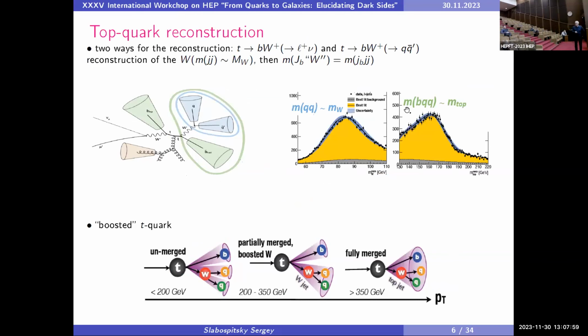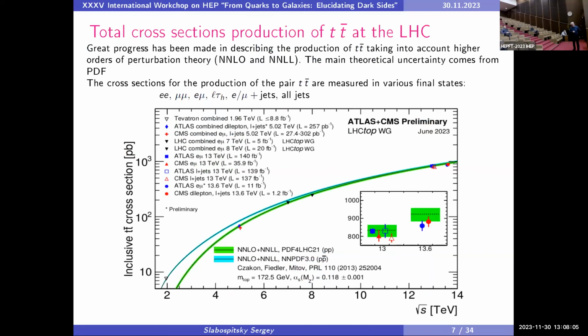So as I told you in the beginning, the theoretical prediction concerning the top quark cross section is very precise, about 1%. And here you can see the latest results, which summarize the measurements of the top quark, or more precisely TT-bar production cross section.